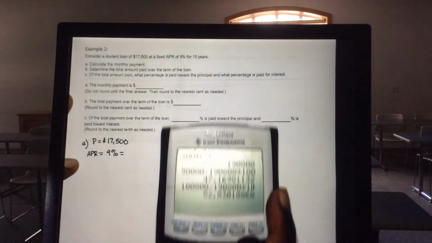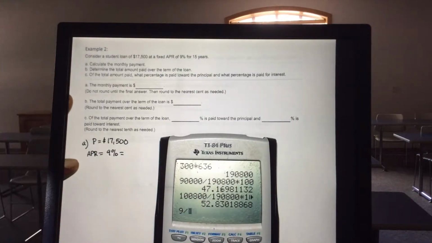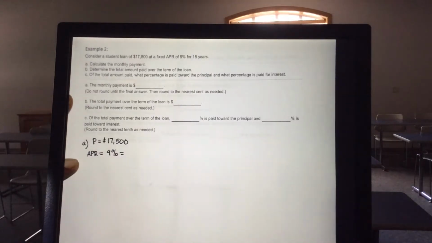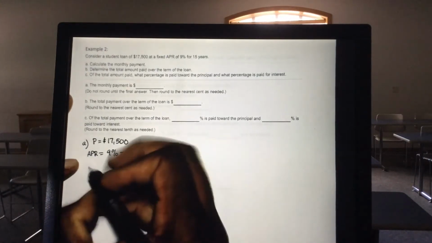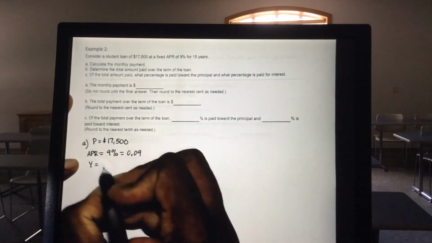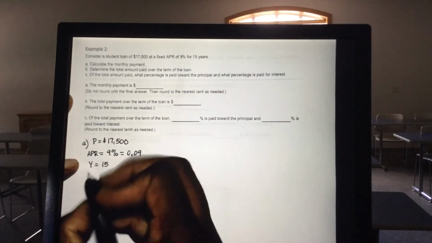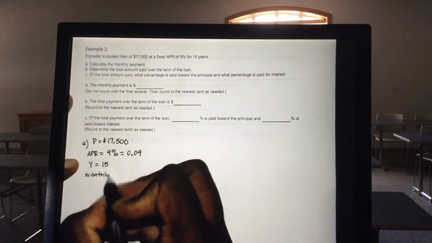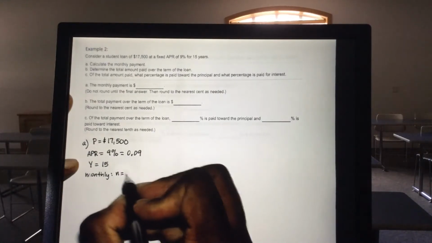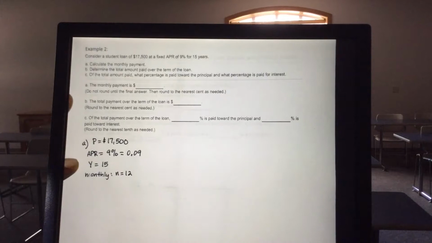So if you don't remember, we do 9 divided by 100. Drop the percent sign. That will give you 0.09. Y is the number of years. That's 15 years. And we're calculating the monthly payment. That means your N has to be 12.